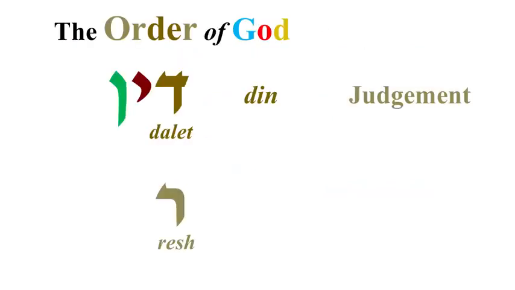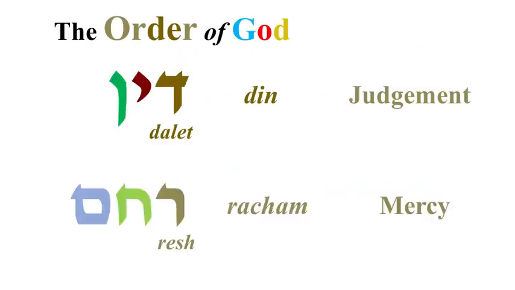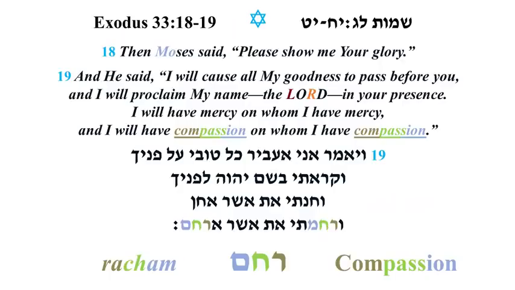And the Resh begins the word Raham, which is the word for mercy or compassion. We see it in Exodus 33:18. Then Moses said, please show me your glory. And he said, I will cause all my goodness to pass before you, and I will proclaim my name, Yahweh, in your presence.